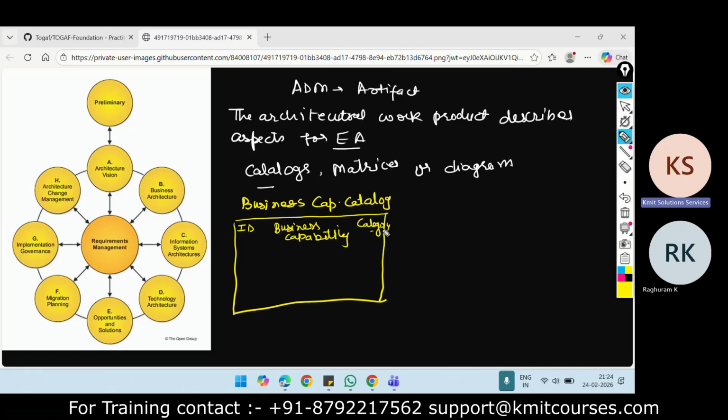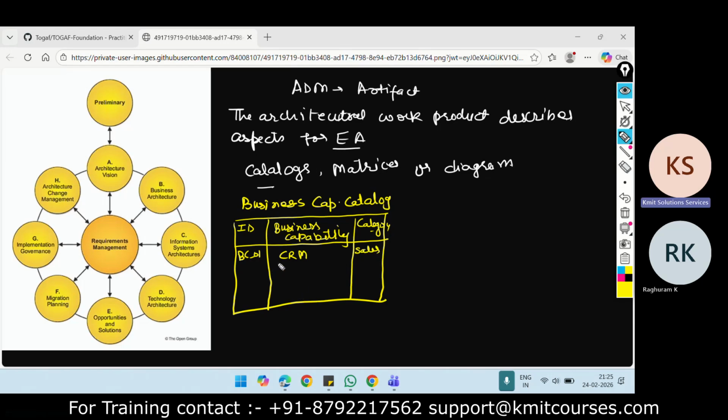So it will have data like business capability 01, which is CRM, customer relationship management, and the category is, say, sales and services.